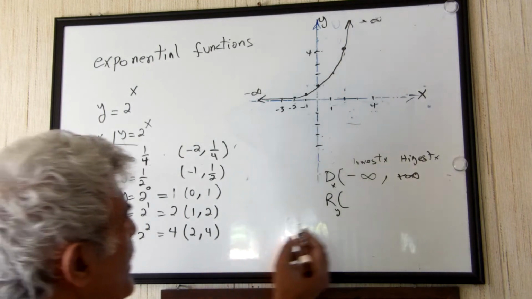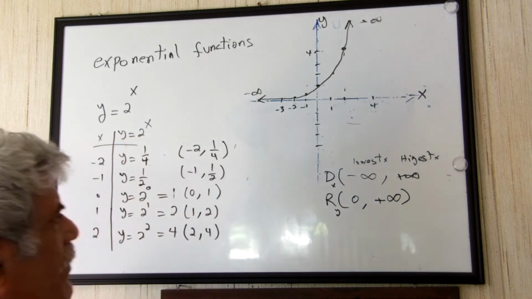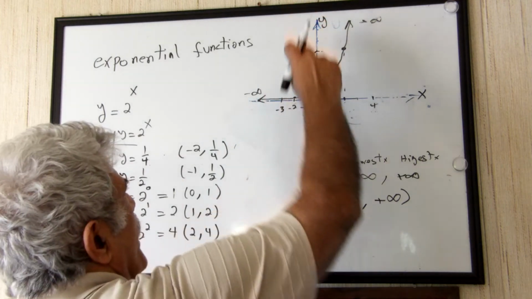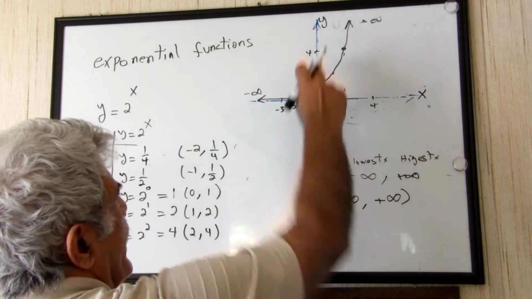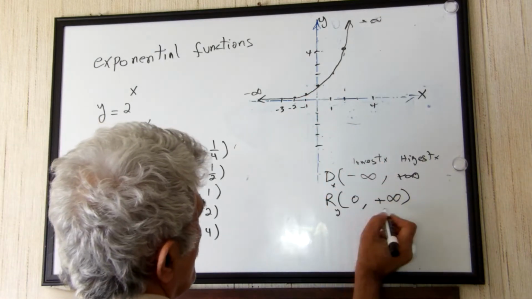And the range is going to be 0 to plus infinity, because the graph starts from here and goes there. The range is the value of y can get, which is above 0, not including 0.